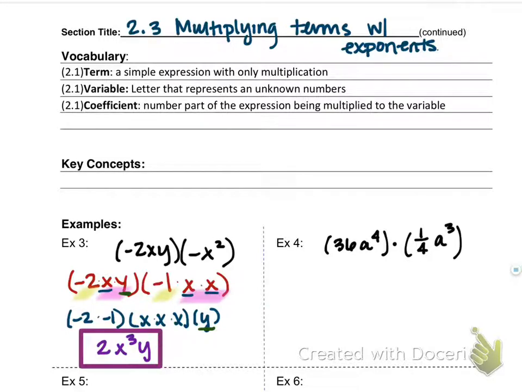I'm going to first expand and take 36 times a times a times a times a, making sure that I wrote out 4 a's on that first part, and 1/4 times a times a times a. Now be careful, we've got a lot of a's here. But first let's group our coefficients. So we want to put the 36 times 1/4 together, and then all of our a's together.